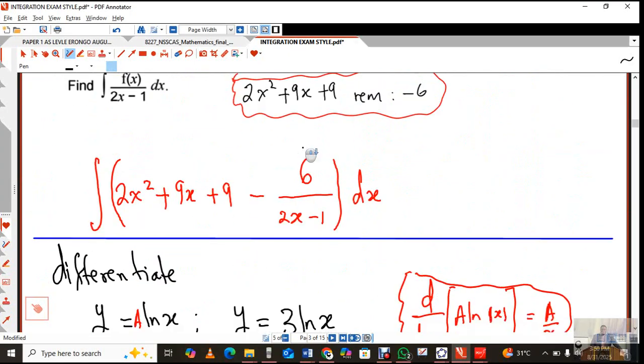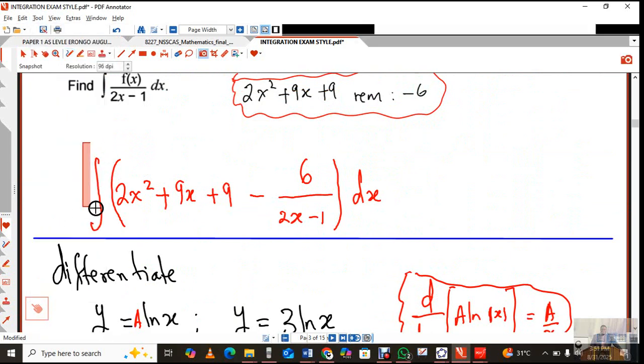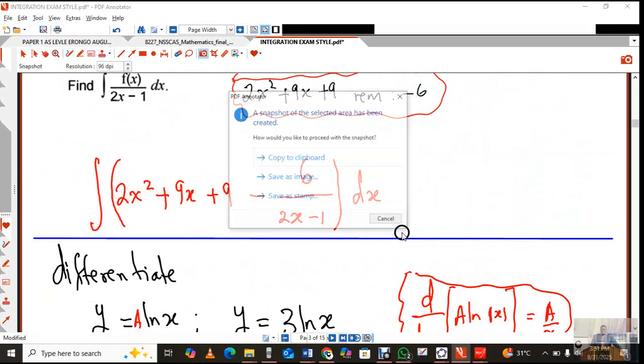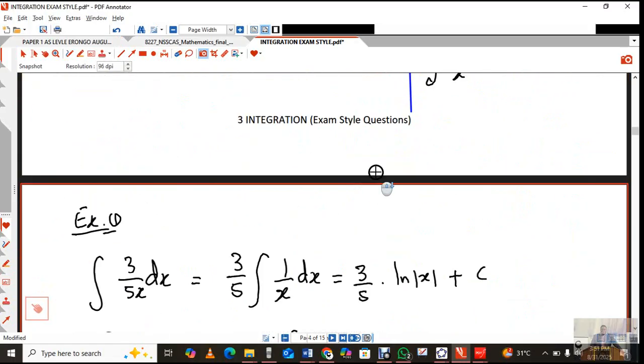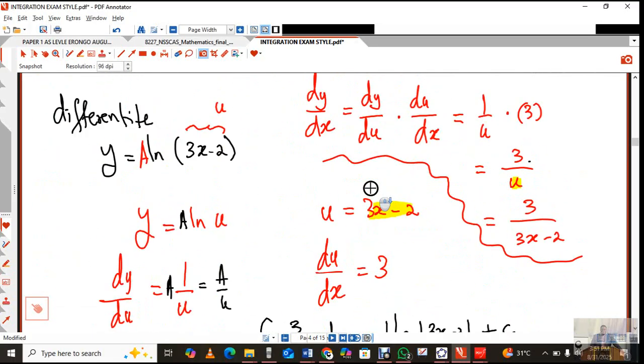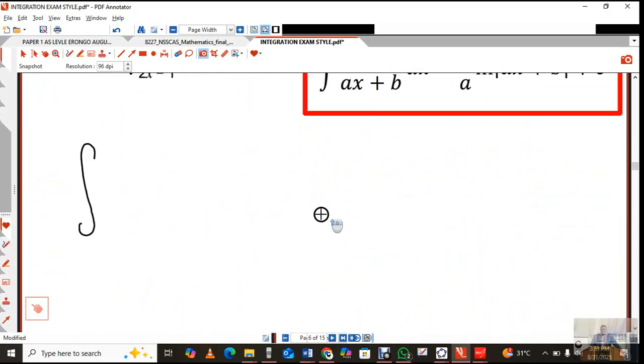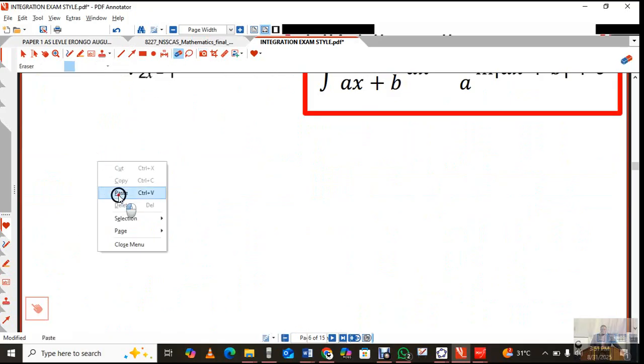Okay, it's over here. So this is the part that I want to do. So let's just grab this and take a snapshot. Okay, we are now going to integrate that to finish the question. All right, so let's just clear this up, and then we paste.